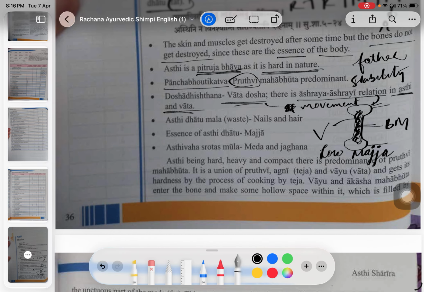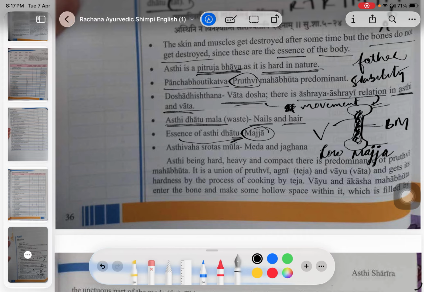Asthi Dhatu Mal. What are the wastes of Asthi Dhatu? They are nails and hairs. Essence of Asthi Dhatu is Majja. The Sar Bhag, the essence, will form the next Dhatu, that is Majja.